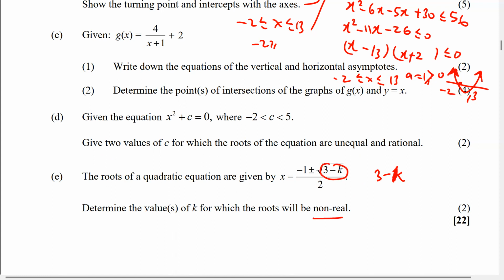If they say non-real or real, look at the square root and forget about everything else. Non-real would mean that you are making whatever is under the square root a negative number, because non-real numbers would be the square root of a negative number, like 2i. That is technical mathematics.